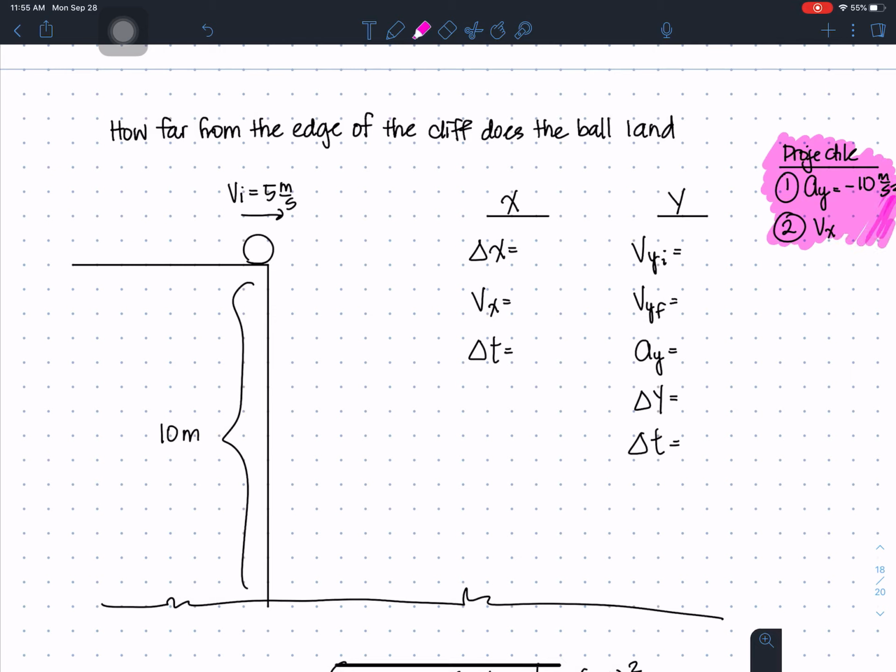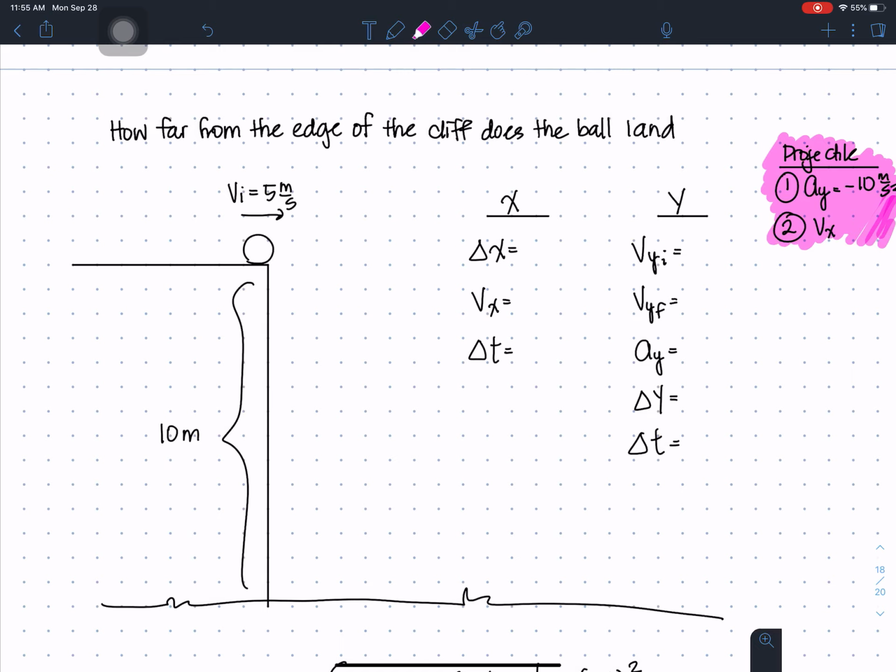The first is that there is an acceleration of gravity, meaning the only force acting on the object is the gravitational force, and therefore the object accelerates downwards according to gravity. The second parameter, as outlined by your book, is that there is an initial velocity in the horizontal or x direction. That means that the object is not just moving up and down, but it's also moving left to right.